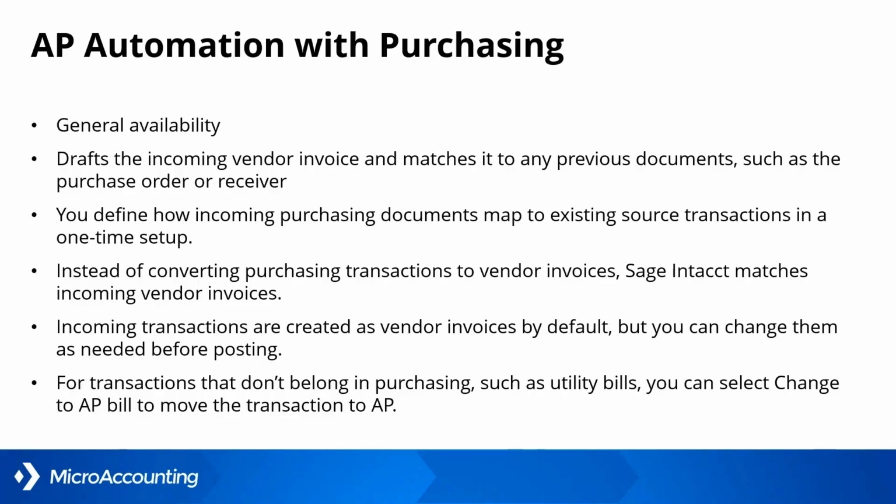For transactions that don't belong in purchasing, such as utility bills, you can change that. You can select to change that to an AP bill to move it directly to AP.